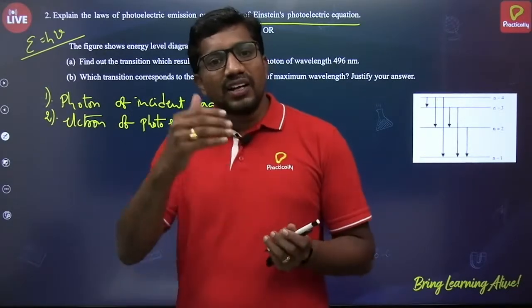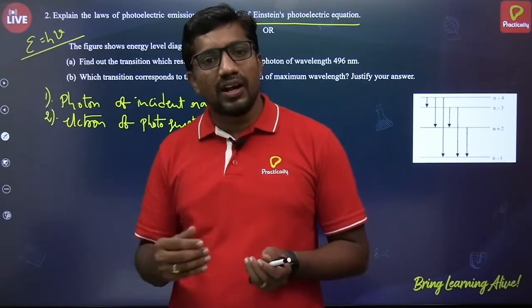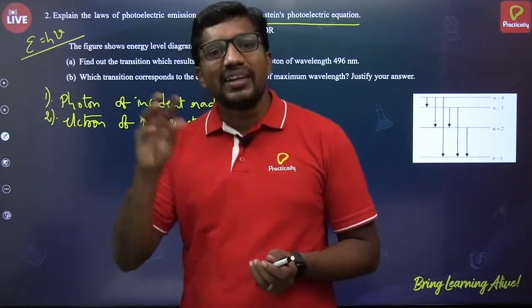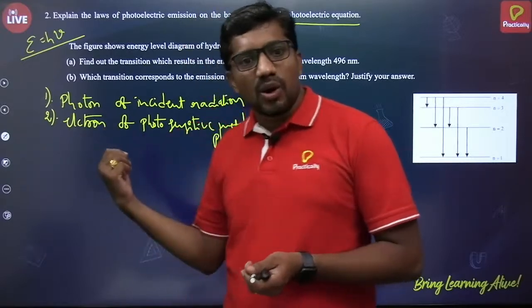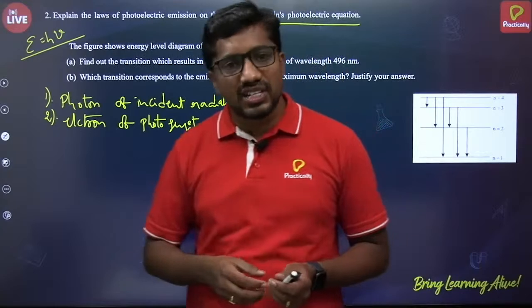Some part of the energy of the photon is utilized to liberate the free electron, which is bound to the surface of the photosensitive metal plate.